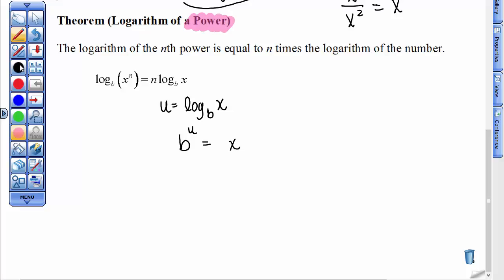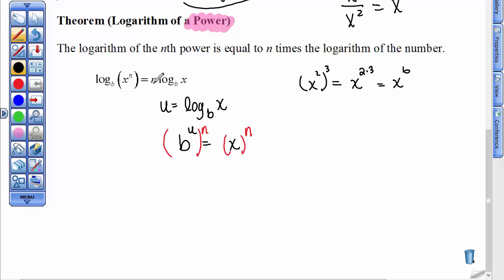So what we're going to do is raise both sides of this equation to the n power. Raising a power to a power, you're supposed to multiply. Remember, x to the second raised to the third is x to the sixth, because 2 times 3 is 6. So when raising a power to a power, we multiply.